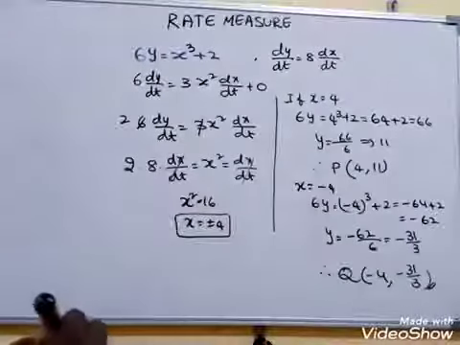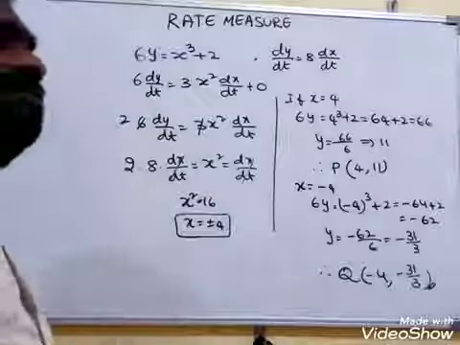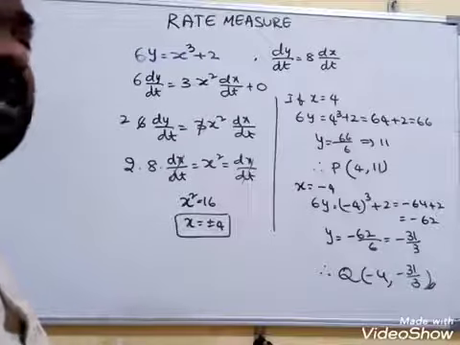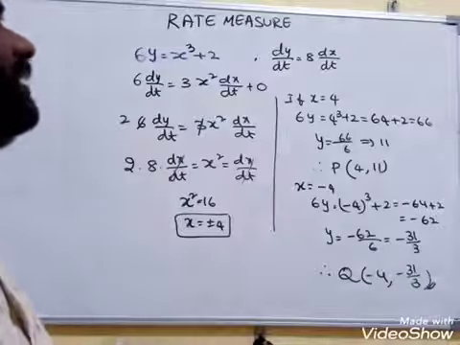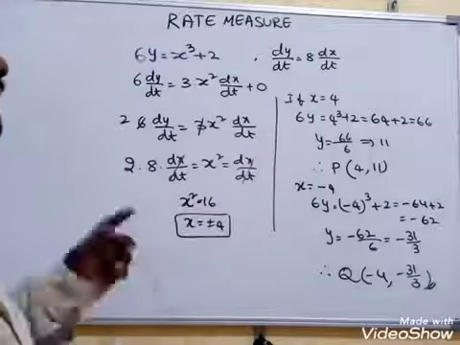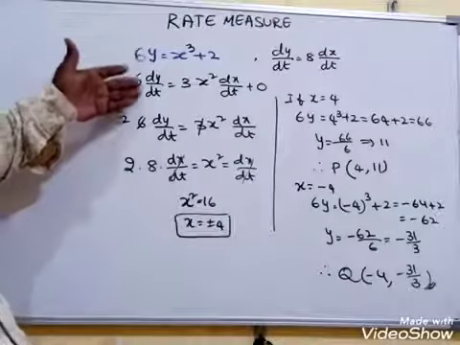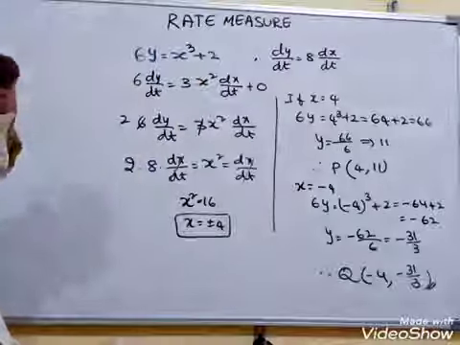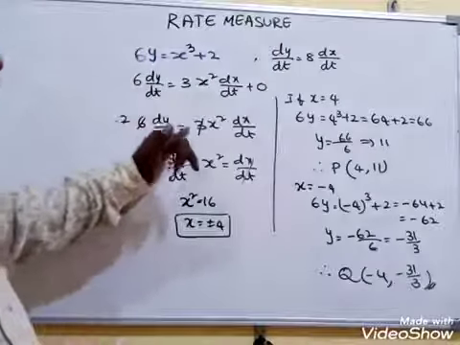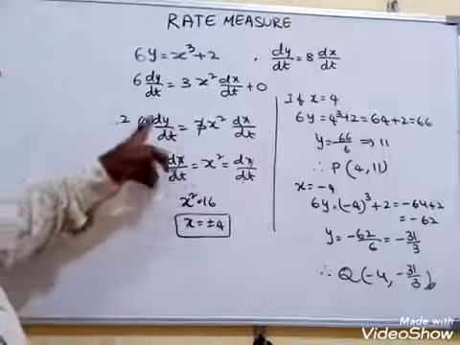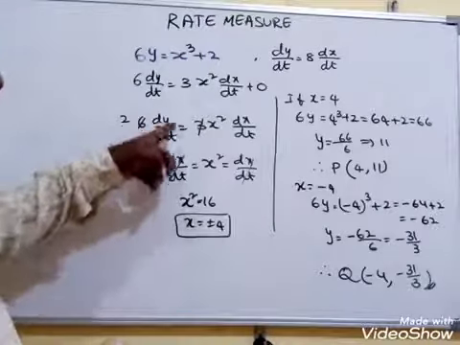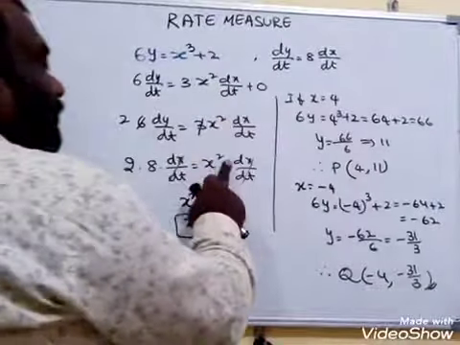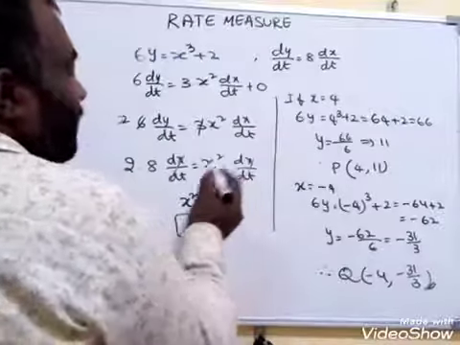Once again observe, this type of question they will ask. 6y is equal to x cube plus 2 is the curve given, and we have to find the coordinates of the point where the y coordinate changes 8 times as fast as the x coordinate. If you differentiate, 6 into dy by dt is equal to 3x square dx by dt, as 2 is a constant. Here 3 ones are 3, 3 twos are 6, and the 3 gets cancelled. Then 2 into dy by dt, which is 8 into dx by dt, equals x square into dx by dt.